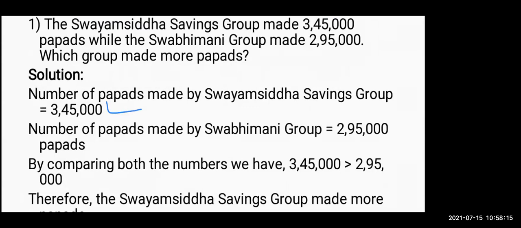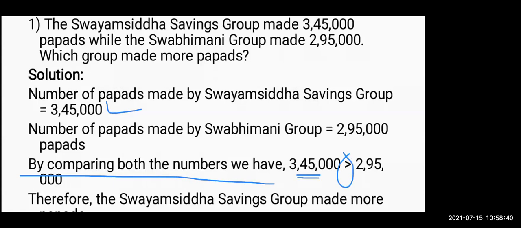Now next, you have to compare. Which one is greater? Which group has made more papad? So the next statement will be: by comparing both the numbers we have, what did we get? 3,45,000 is greater than 2,95,000.